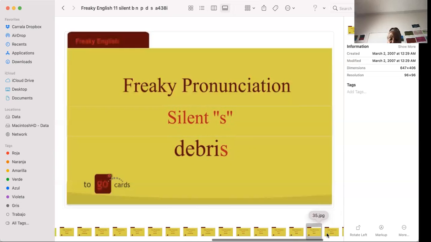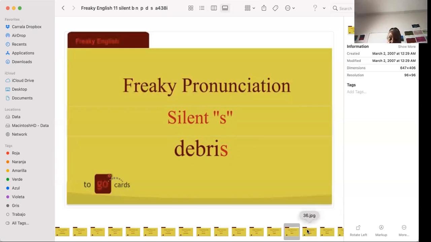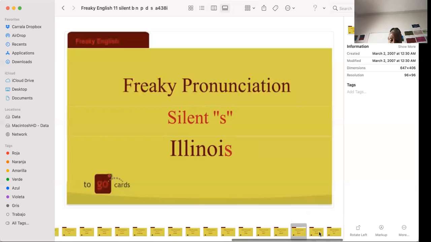Debris, French. That's why you don't pronounce the S. Arkansas. It looks like it should be pronounced with an S at the end, but it's not. Illinois. These are states of the United States.